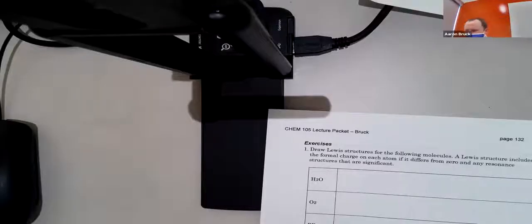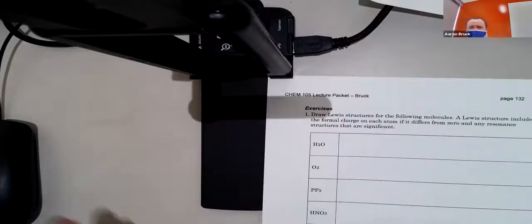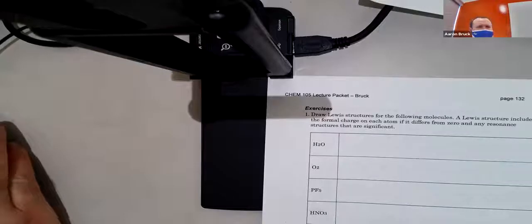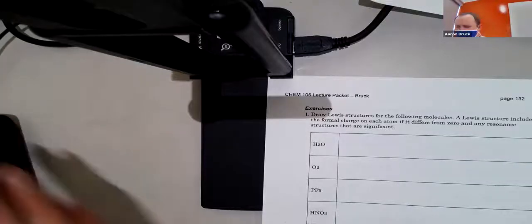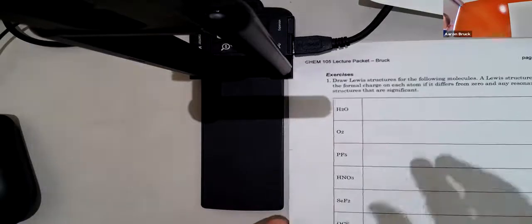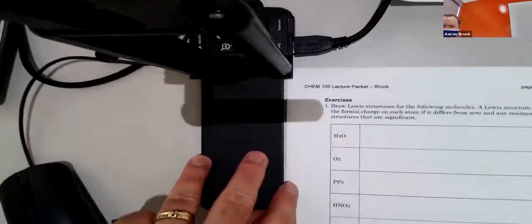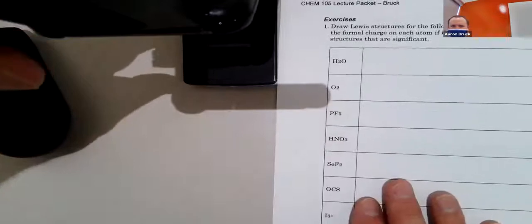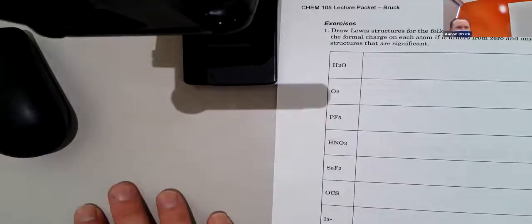I asked you, as part of your preparation today, we were going to start working out of this packet right here. And we're going to start doing some of these exercises regarding Lewis structures.